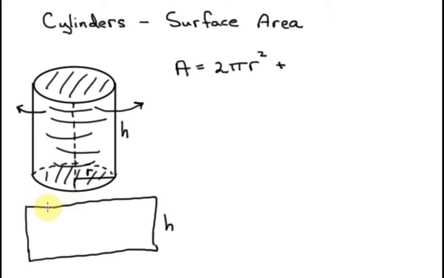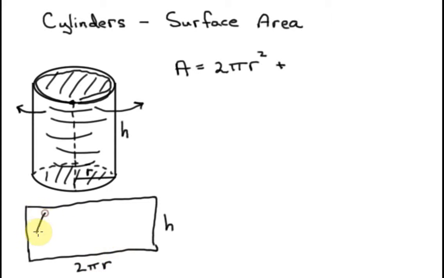And the dimension of the top of our rectangle is the same as this distance here, which is the circumference of the top circle. And the circumference of a circle is 2 times pi times radius.